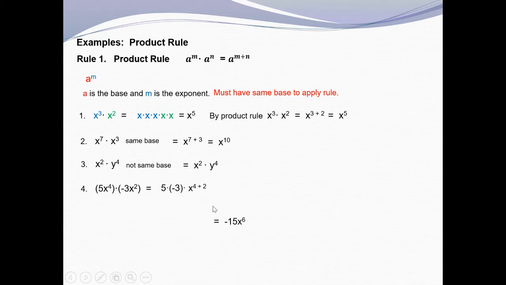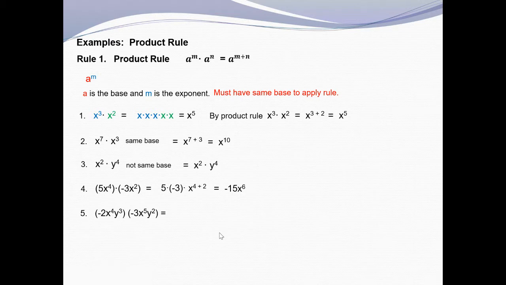So 5 times -3 will give us -15, and 4 plus 2 is equal to 6. So we have -15x to the 6th power. And again, you can go from the example at the beginning all the way to the answer by multiplying 5 times -3 is -15, and if you have the same base, we add the exponents, which gives us -15x to the 6th power.